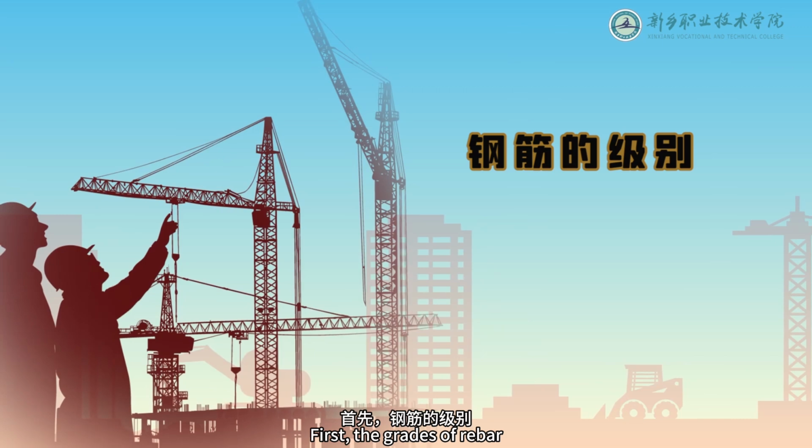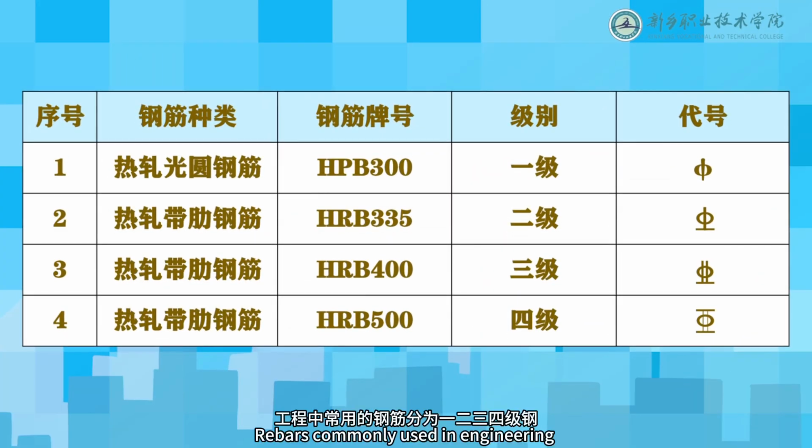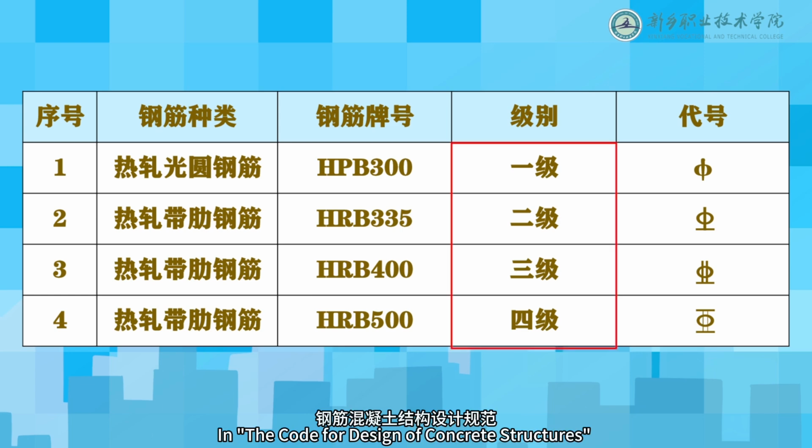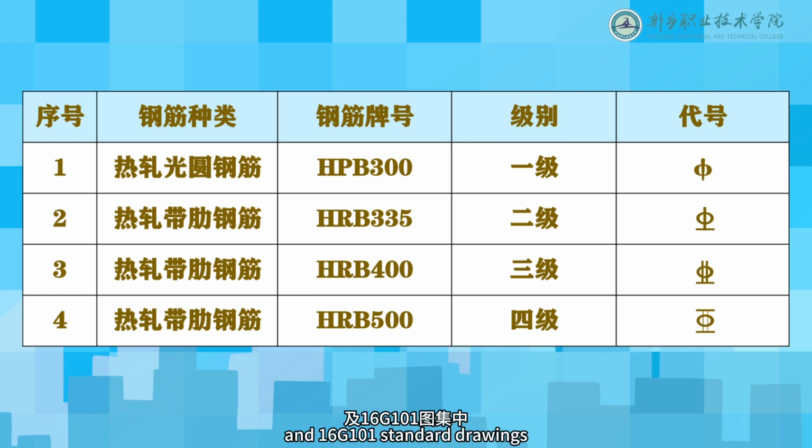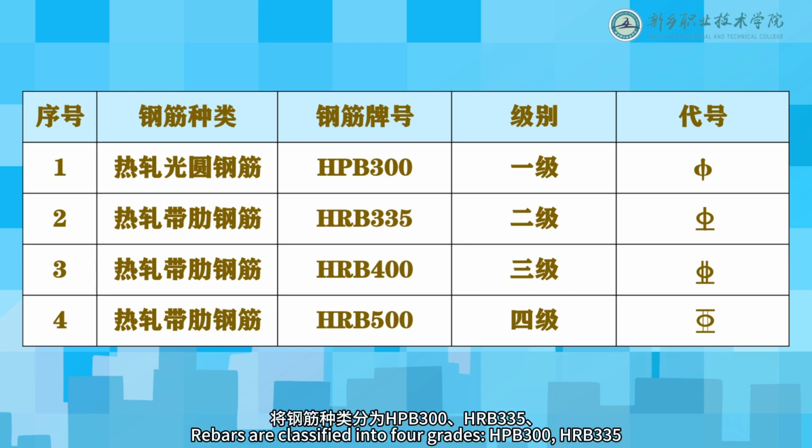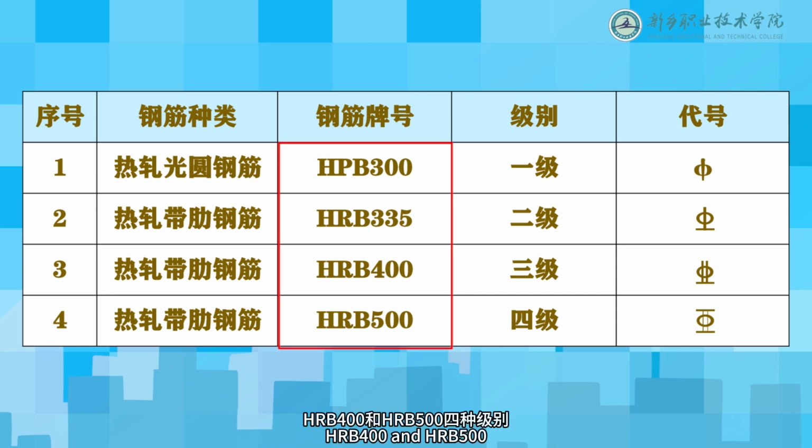First, the grades of rebar. Rebars commonly used in engineering are classified as grade 1, 2, 3 and 4 steel. In the Code for Design of Concrete Structures and 16G101 standard drawings, rebars are classified into 4 grades: HPB300, HRB335, HRB400, and HRB500.